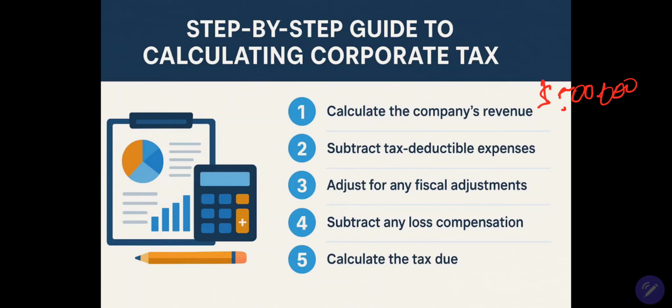It means you have many expenses, so these expenses can decrease the total of tax. Okay, I will give you an example for subtracting tax deductible expenses.